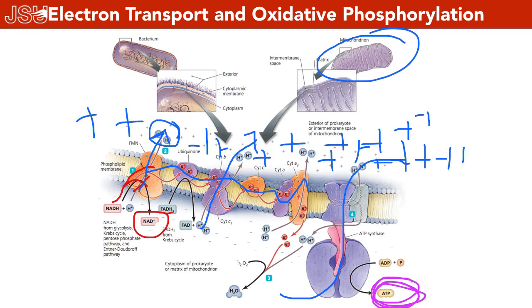As these move through the synthase, it will physically spin, and it will provide the energy to make ATP. The big payday: typically, we're going to expect to get about 3 ATP for one NADH and 2 ATP for an FADH2. That's an approximate payday from those.